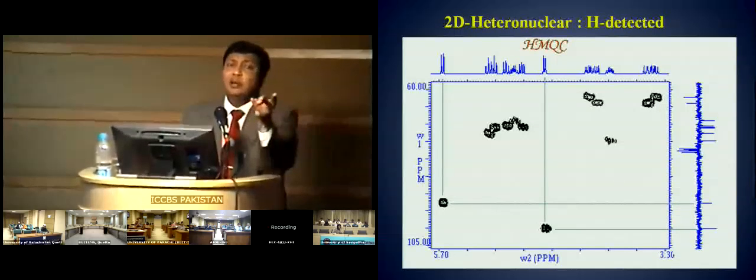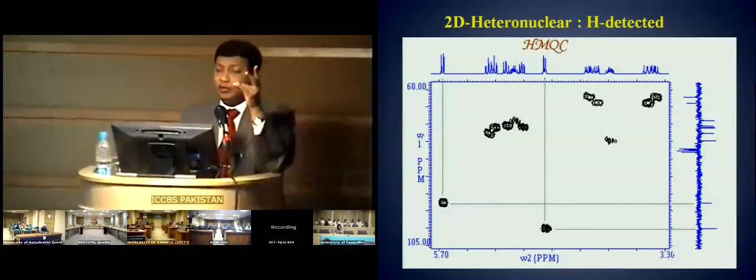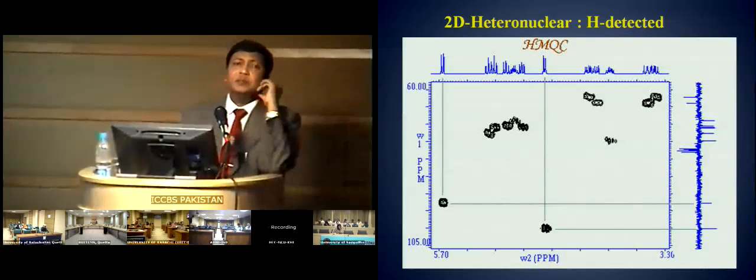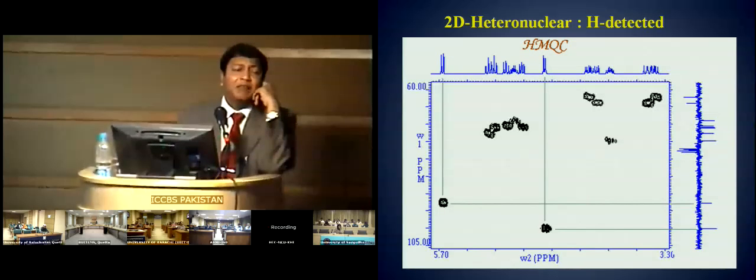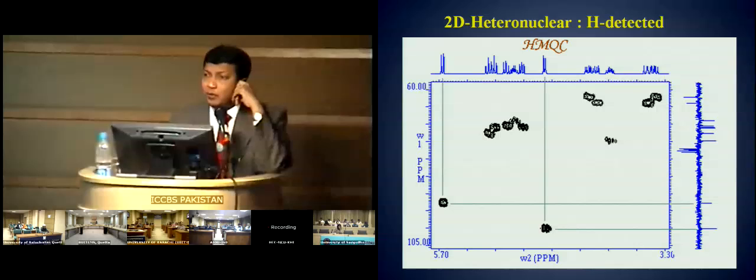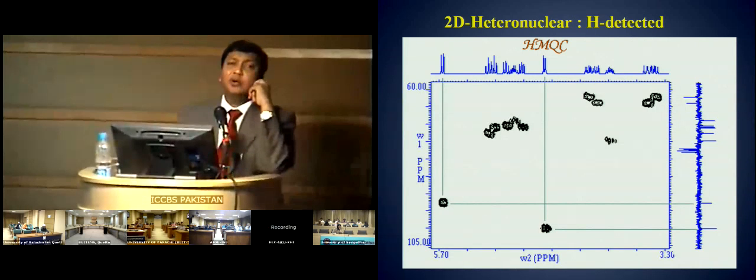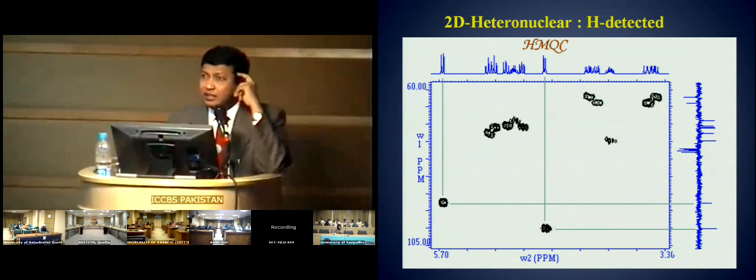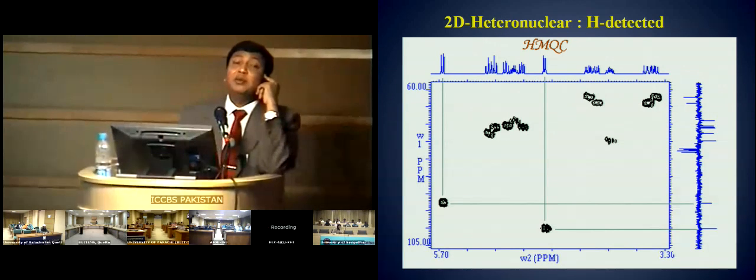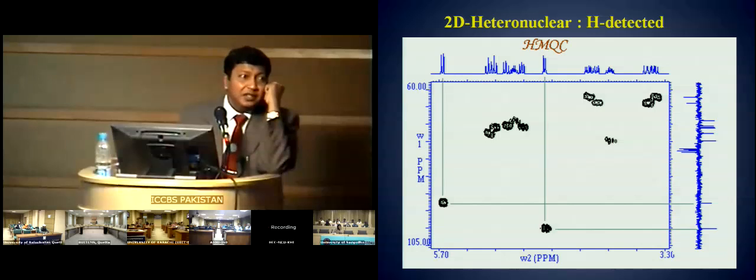And number 3, which is again a very important property of HMQC, is that if you have a geminal pair of protons, if you have two protons connected to the same carbon, you would be able to identify them.